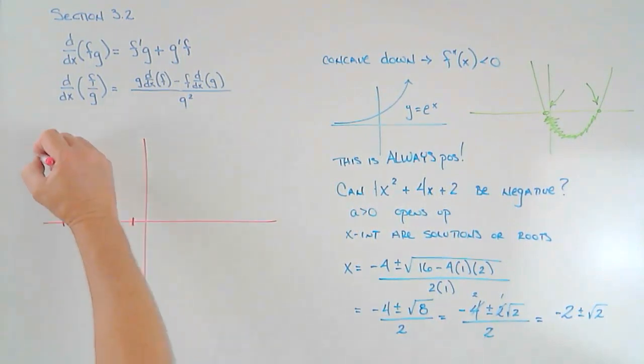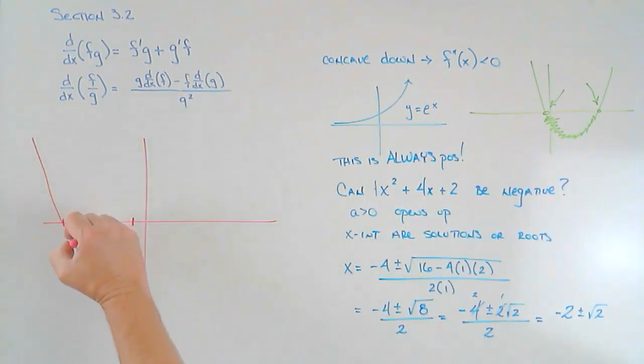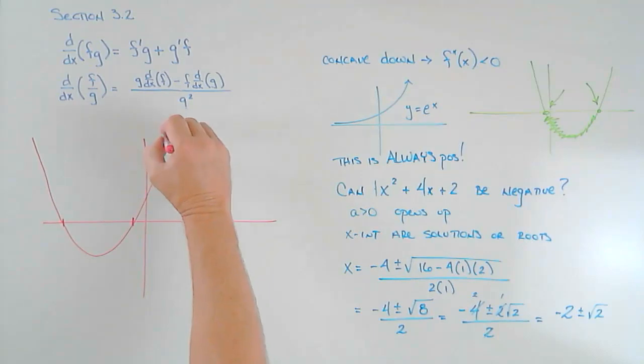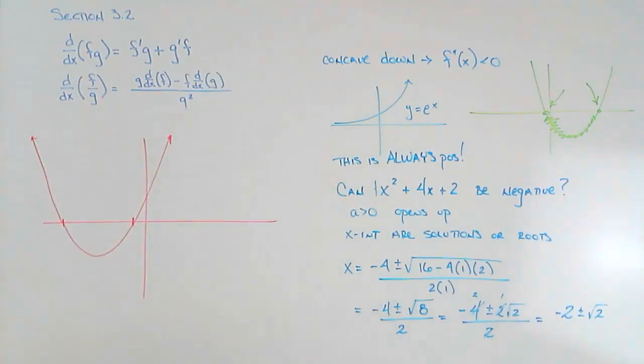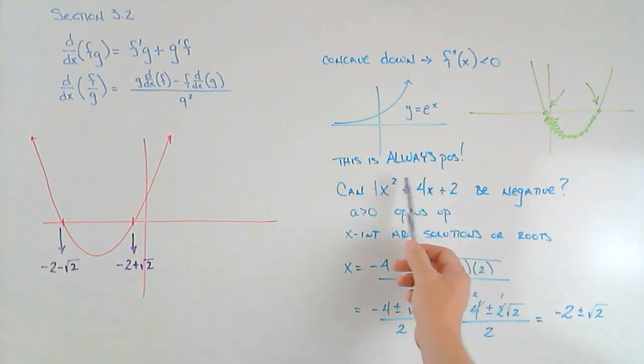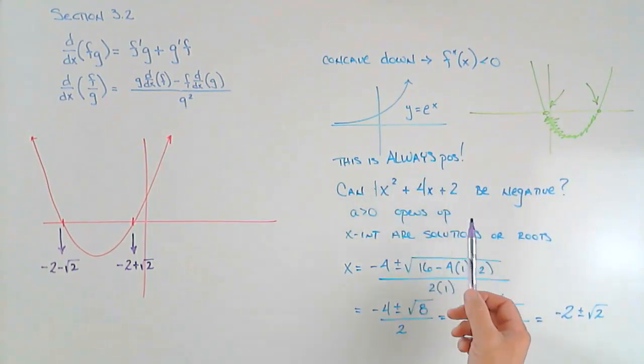Right? So our parabola opens like this. This value right here is negative 2 plus root 2, and this value is negative 2 minus root 2. So our parabola, our function, is negative between those two numbers.